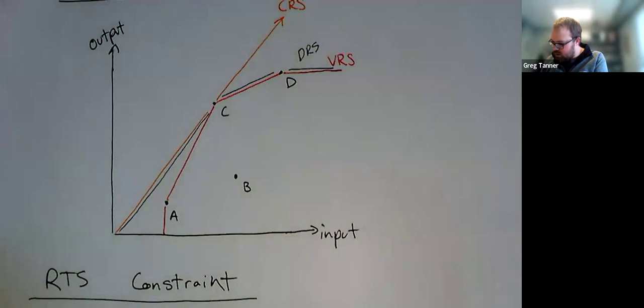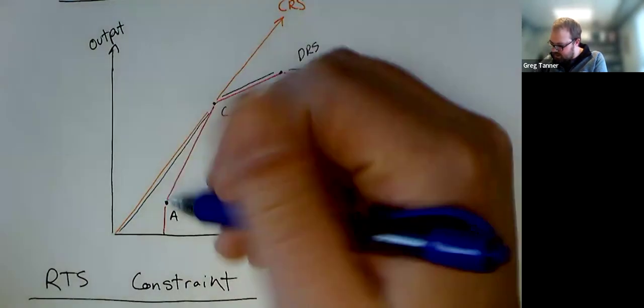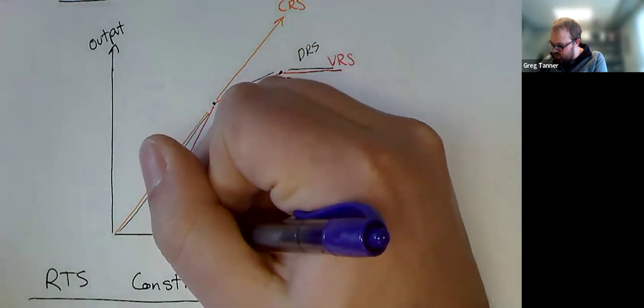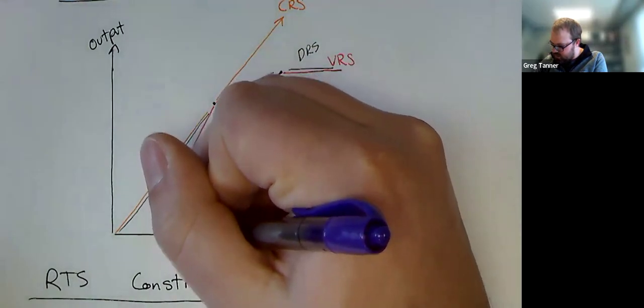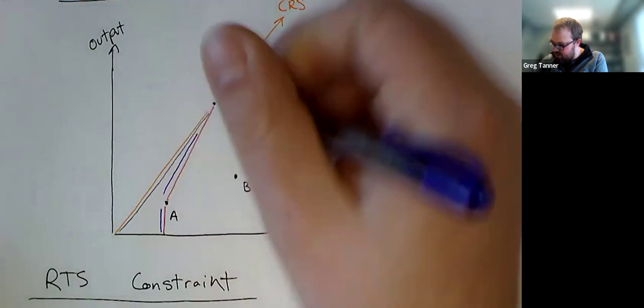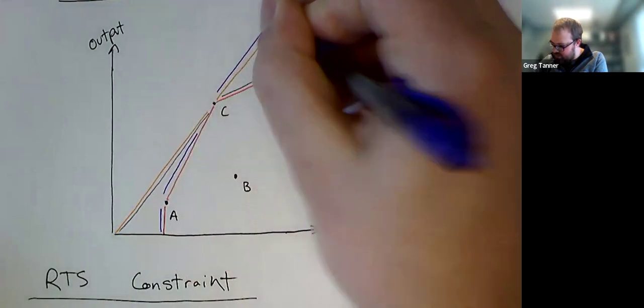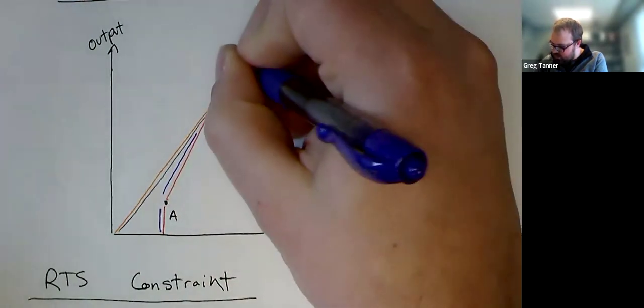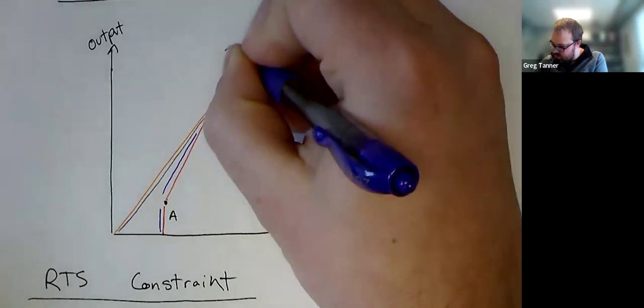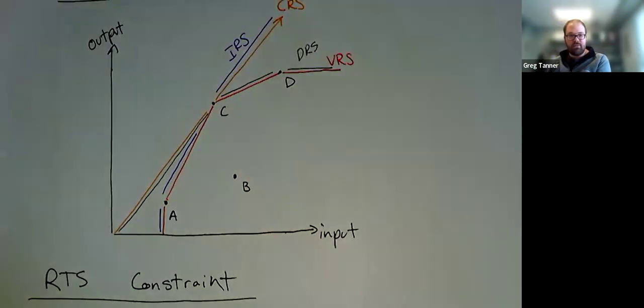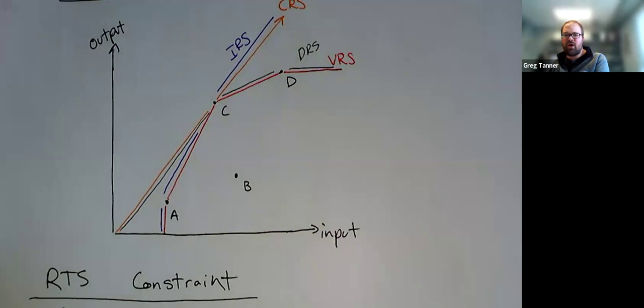And then I've got one more color for blue, and that's increasing returns to scale. And that one would sort of follow this part here, and then would follow off along that line. And that would be increasing returns to scale in the picture. The idea maybe there is that you can always scale anything up.